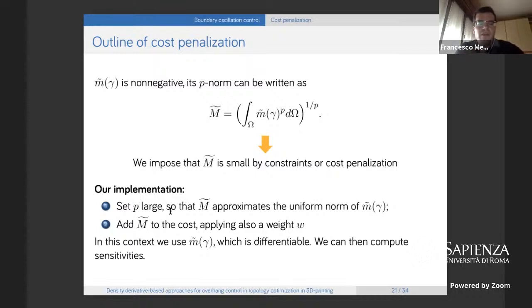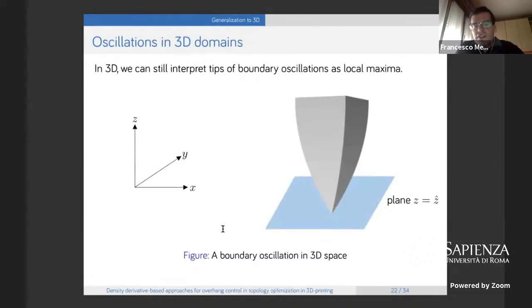We added this capital M tilde to the cost, applying also a weight W, which is just used so that the penalization and the original cost function have a comparable weight. Just a couple of words on what happens in 3D, while conceptually it doesn't change much.